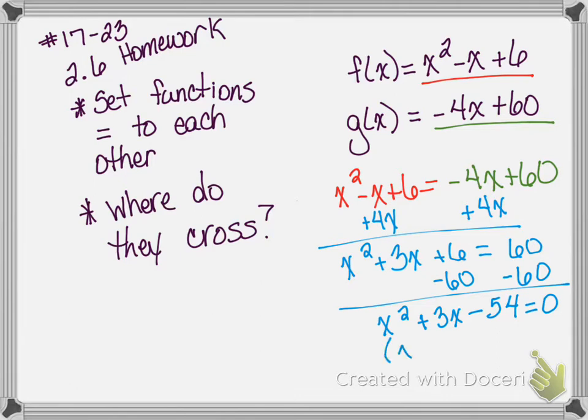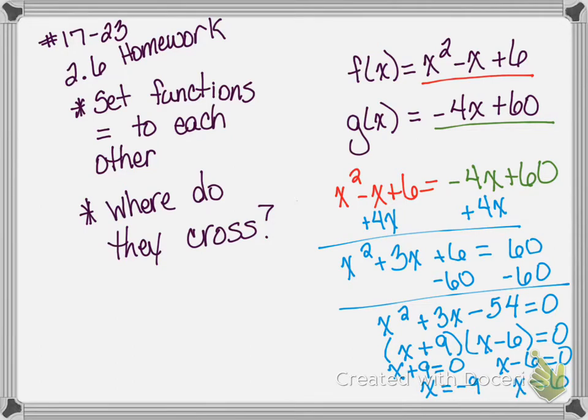Positive 9 and negative 6, you are correct. 9 times negative 6 is negative 54, and 9 plus negative 6 is 3. When I set each factor equal to 0, I have x plus 9 equals 0 and x minus 6 equals 0. My x values are negative 9 and positive 6.